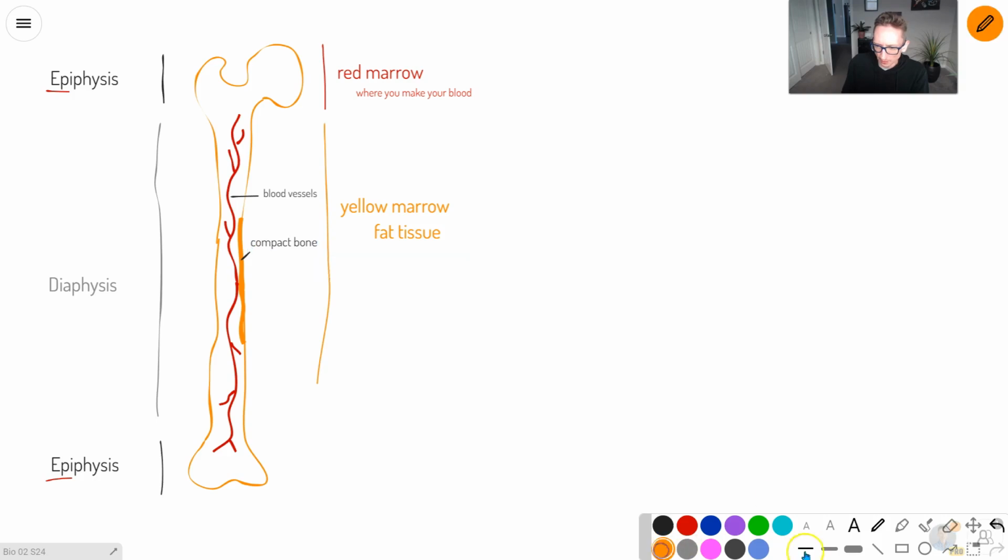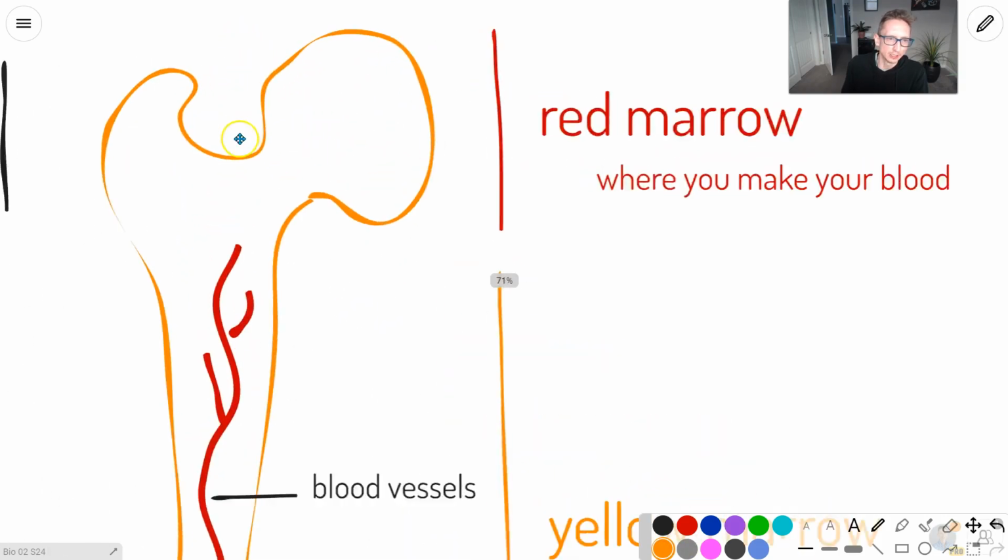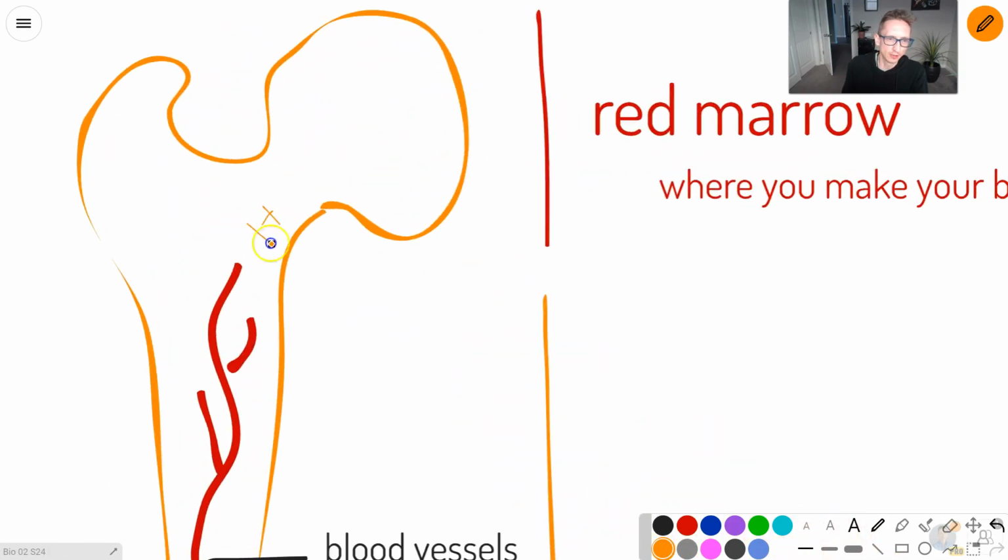And then up here, I'm going to zoom way in and just kind of draw it like this. Like a crisscross smish mash. We got spongy bone. Looks pretty good. And this kind of runs all up at the ends of the bone and a little bit on the length, but not too far.